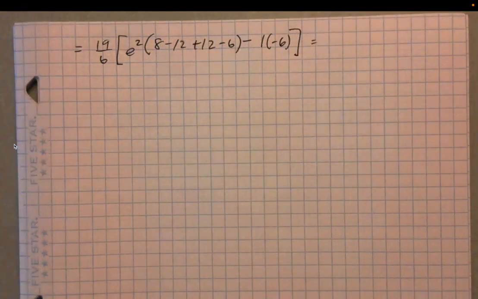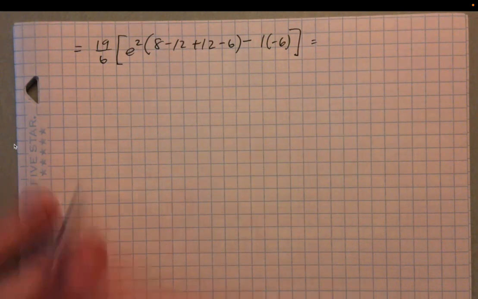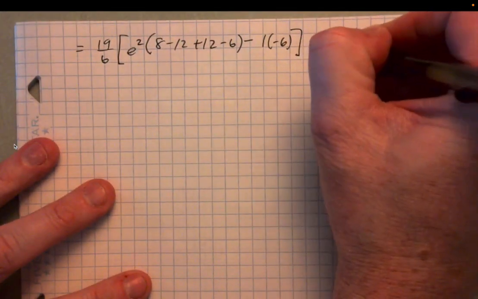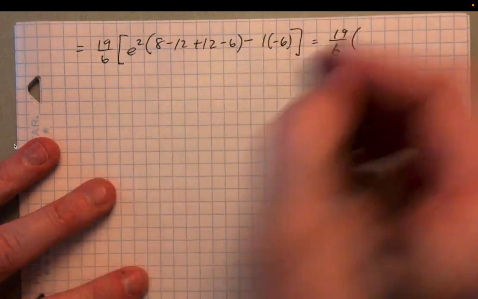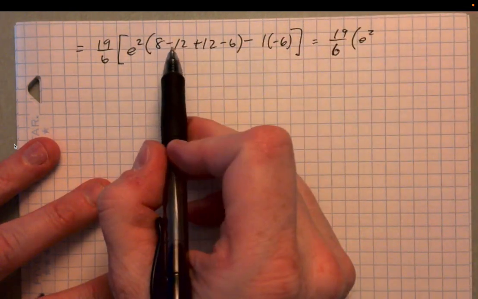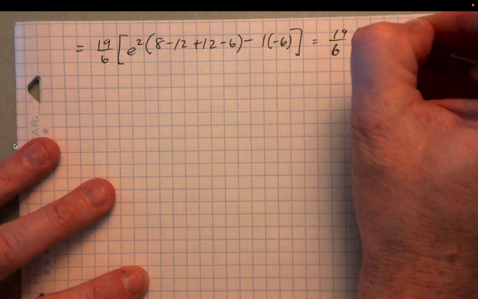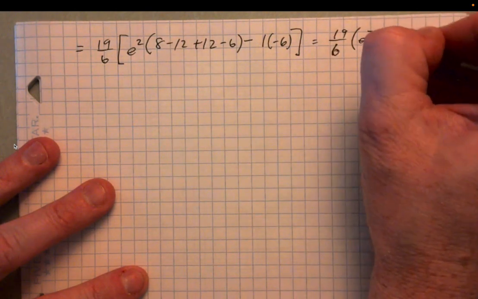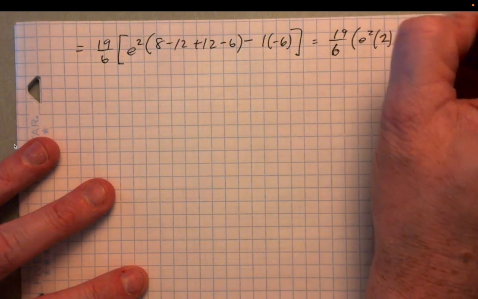Okay. And what is all that worth? Well, you got 19 over 6 e squared, and this is just 2. So it'd be 2 and then plus 6.